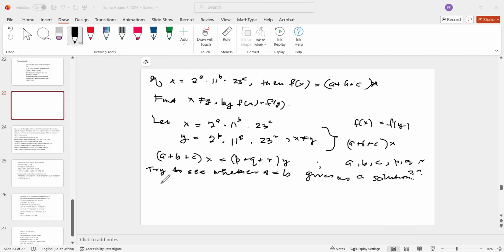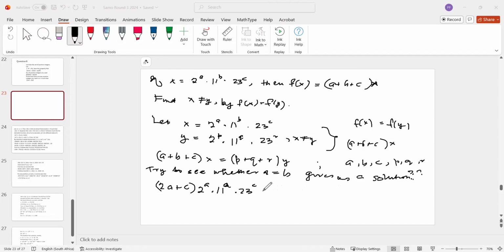So what do we have? Then we have that 2A plus C times x. This x is 2 to the power of A times 11 to the power of B times 23 to the power of C. Now, A is equal to B, so I can make 11 to the A here, right?